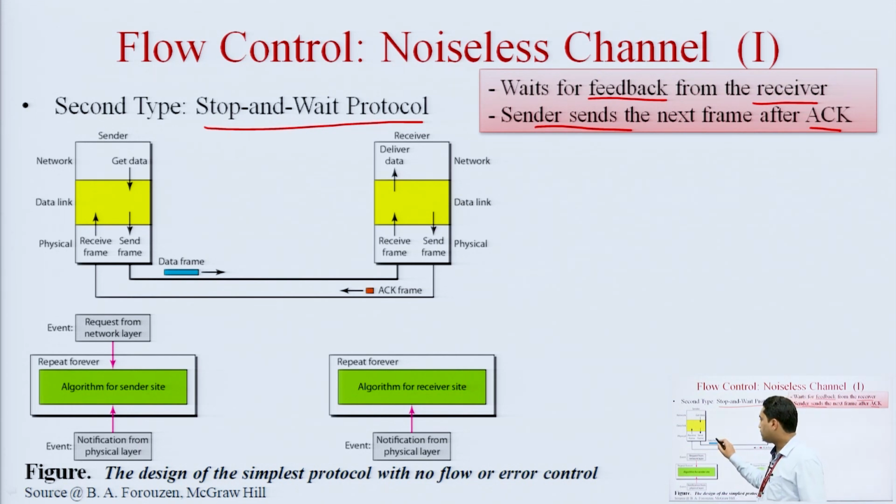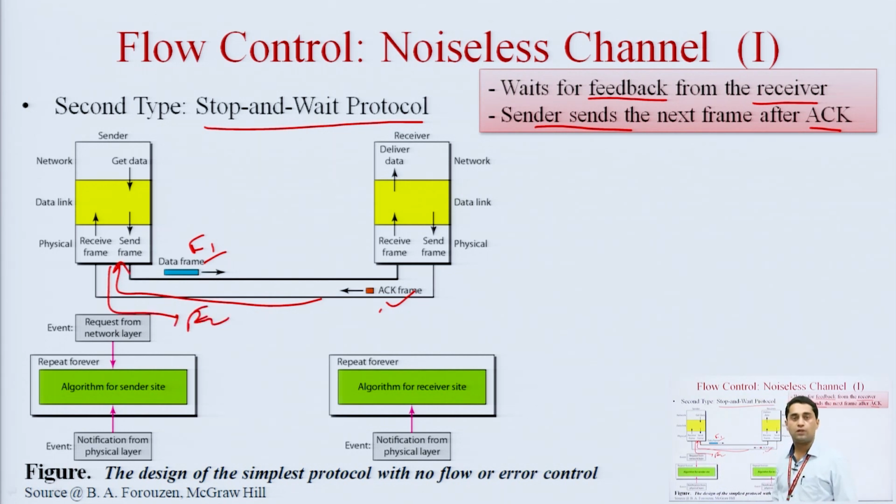Here, if frame 1 is transmitted by the sender and received at the receiver end, then the receiver will send the acknowledgement frame. Once this acknowledgement is received at the sender end, then the sender will send frame 2, like this. So, this is one-to-one communication: one frame received, one acknowledgement received, another frame received, another acknowledgement received.